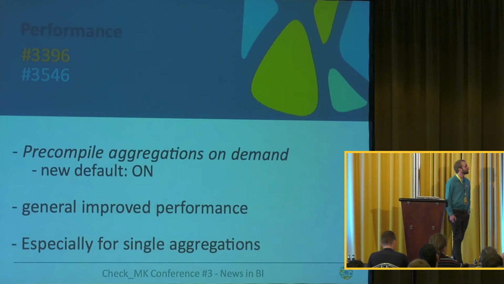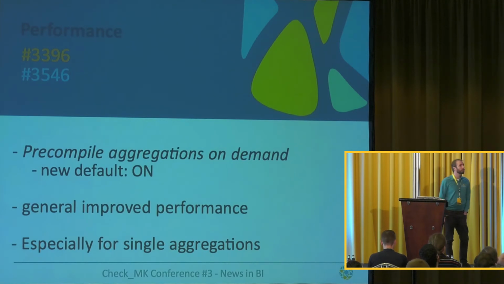We have also generally improved performance over the past year and a half, and specifically for single aggregation. In the past we had one aggregation for one host, and the BI went ahead and calculated all of them and then only gave you the result for one. Of course, in terms of performance, that's not a very good solution, so we resolved that problem.